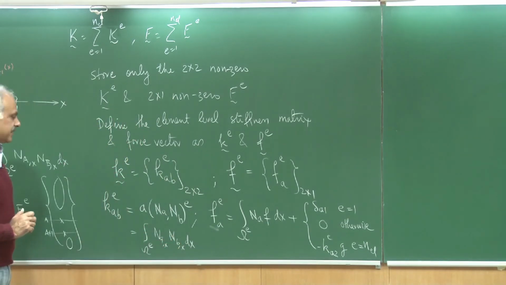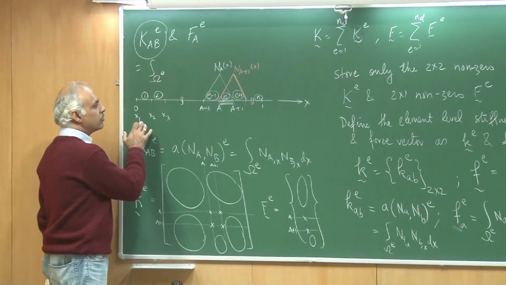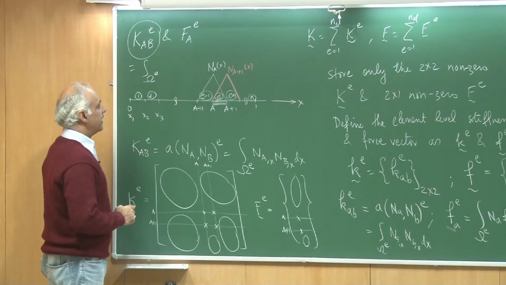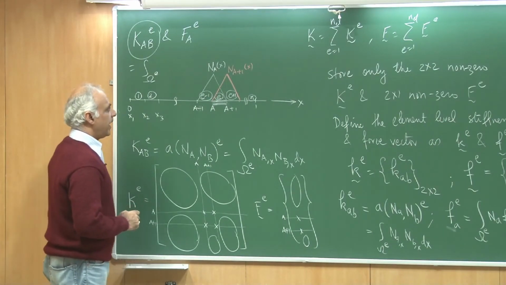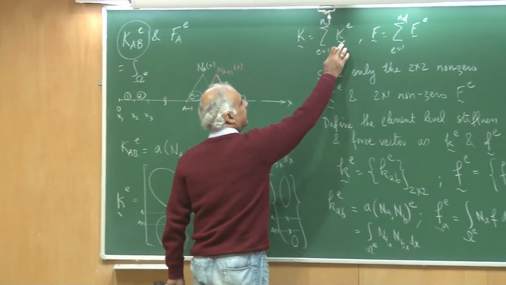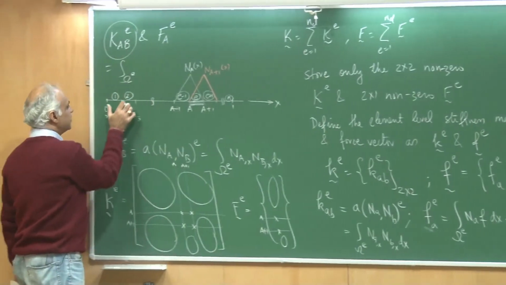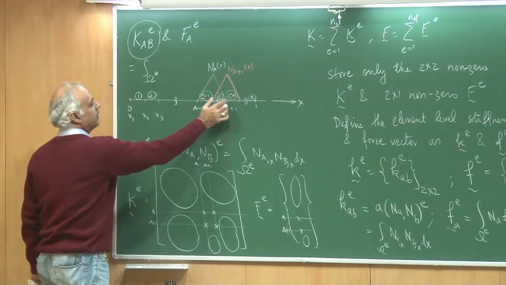Now, this is very interesting. So, what we have been able to do is the following. We set out to form Kd equal to F, and then we said K actually can be written as summation of Ke and F can be written as summation of Fe, which has to be evaluated at each of these elements.